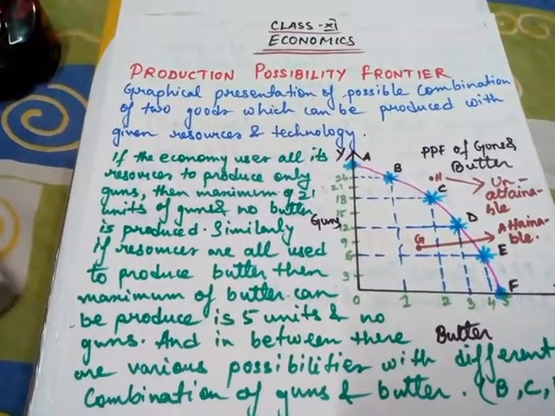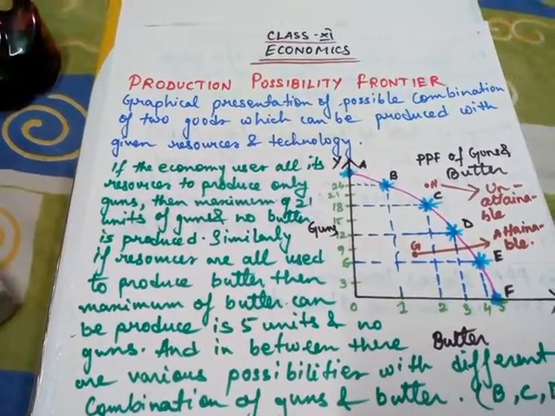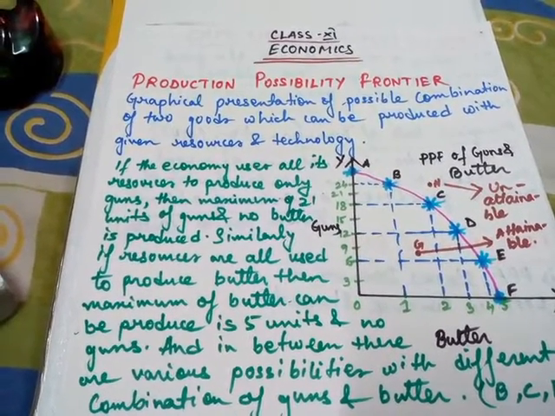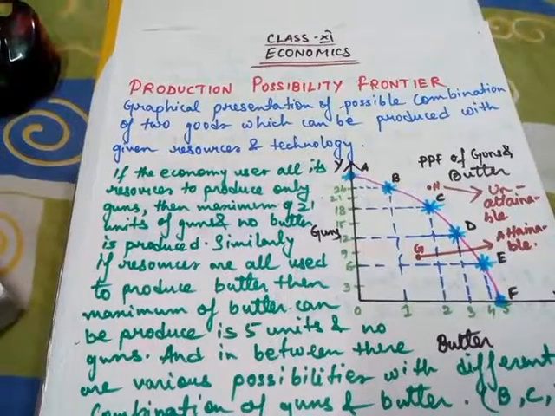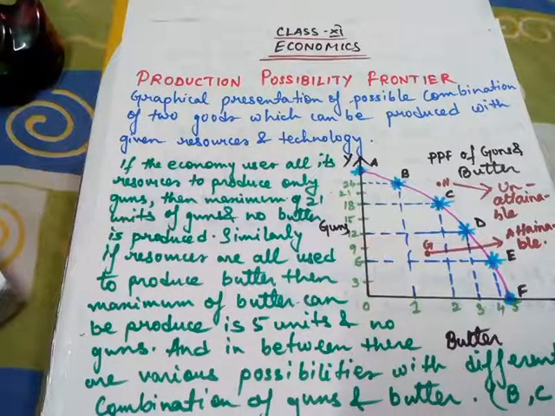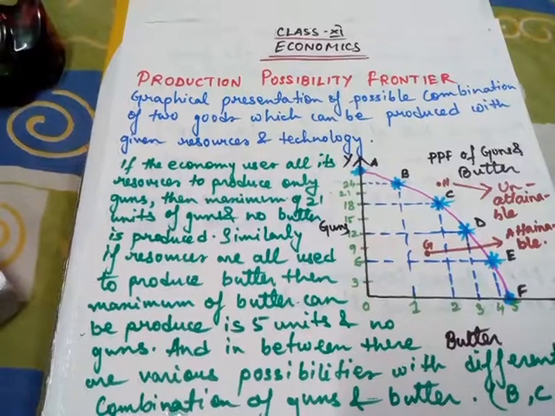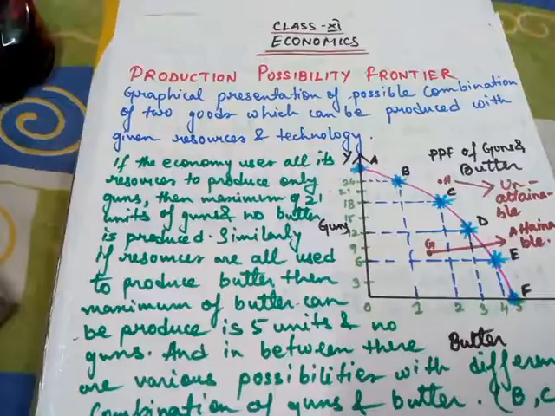So I will read one thing, just see. As the choice is to be made between infinite possibilities, the economists assumed a very basic economy with only two goods, guns and butter. It is written here, two goods.